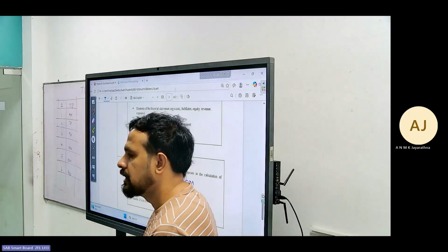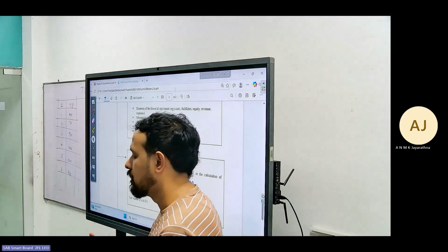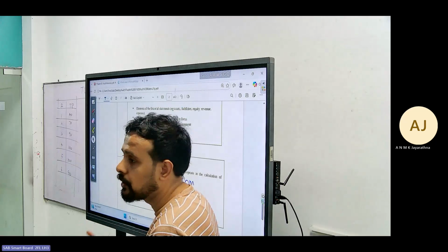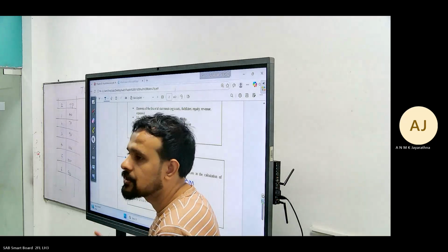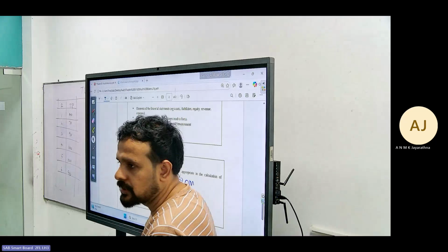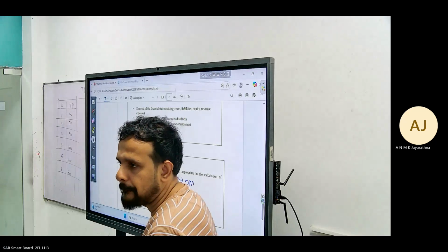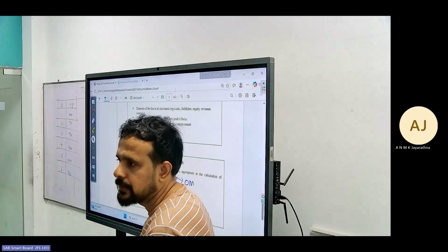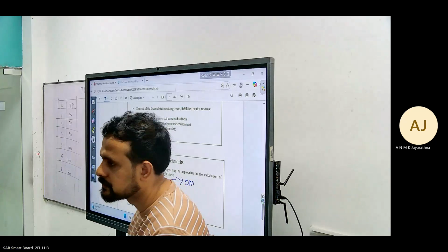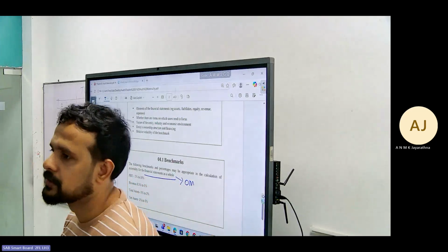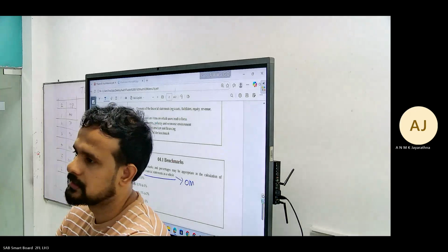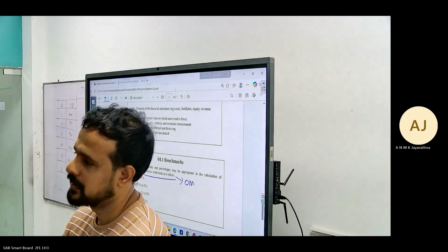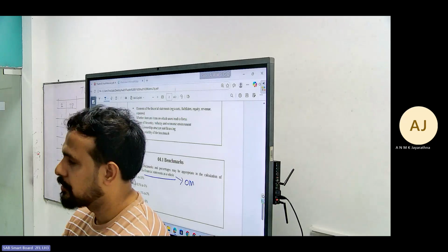But one thing I want to tell: to whom is the auditor reporting? Shareholders. What is the objective of shareholders? They run the company. What is the objective? Profit making. So profit is the objective.